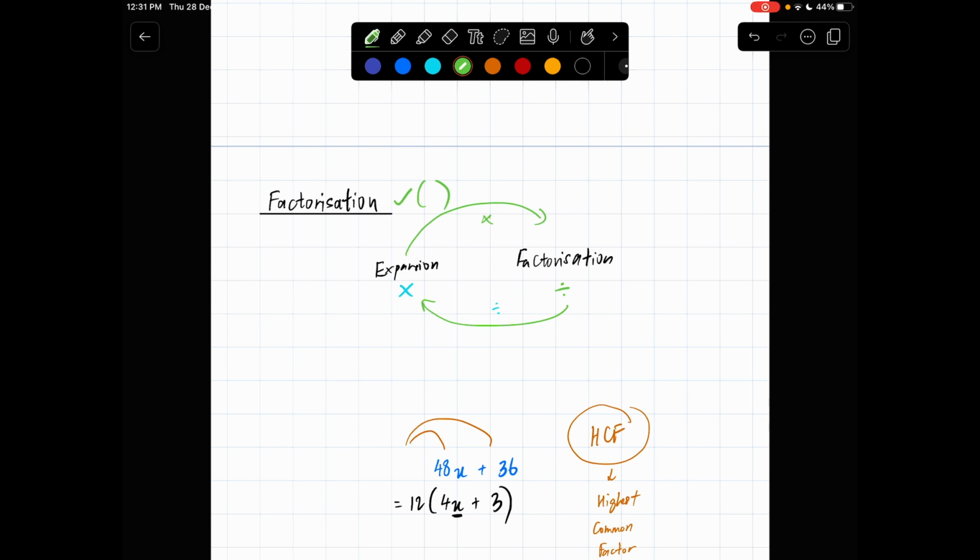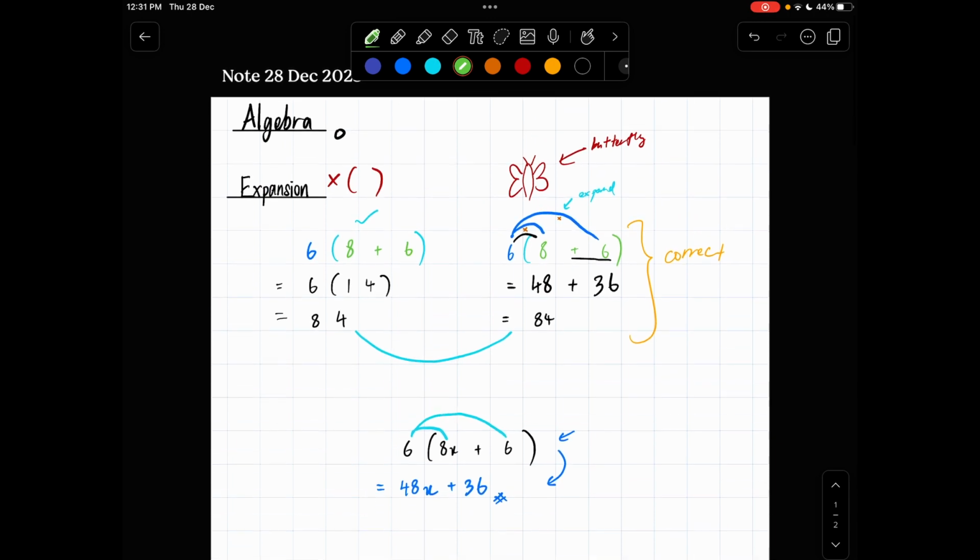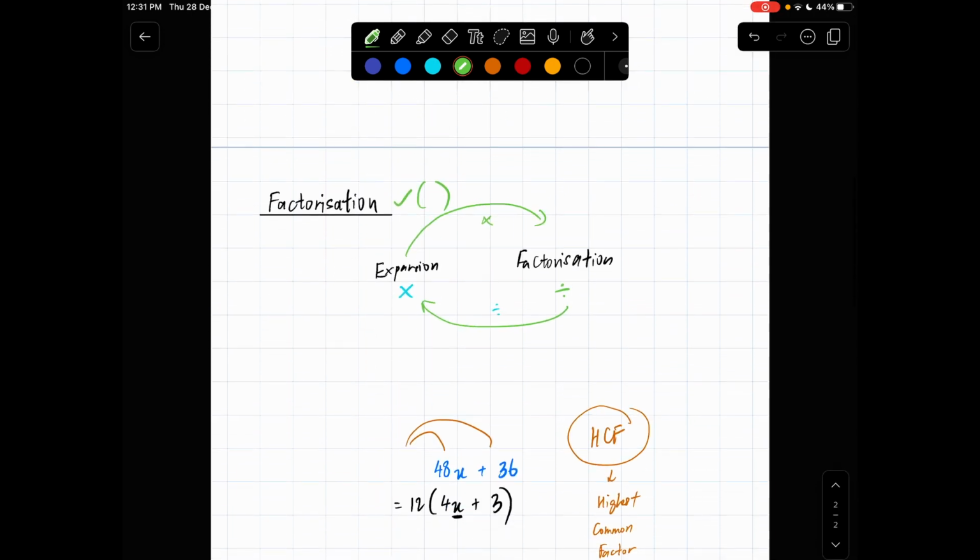I'm not picky with grammar. So expansion is the process of getting rid of the brackets, and factorization is the process of making the brackets appear in the first place. So they are both polar opposites.